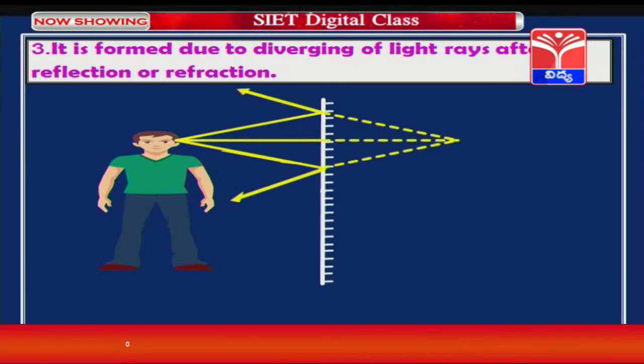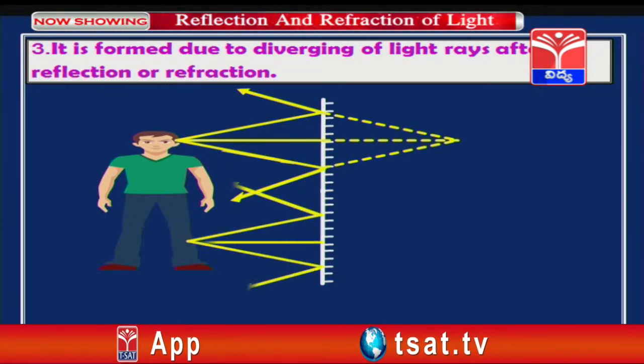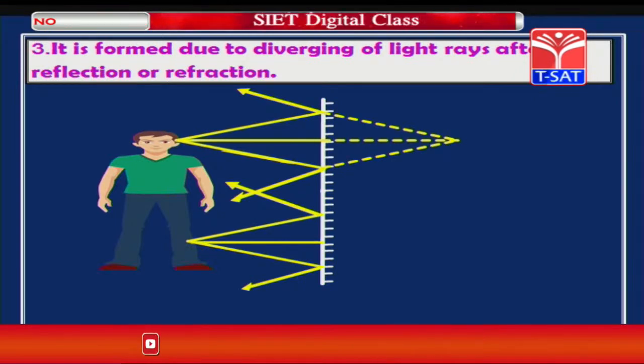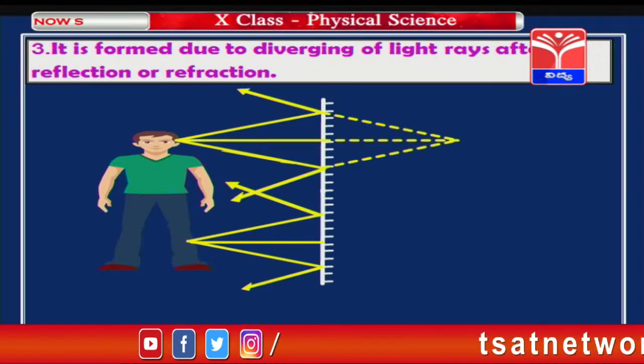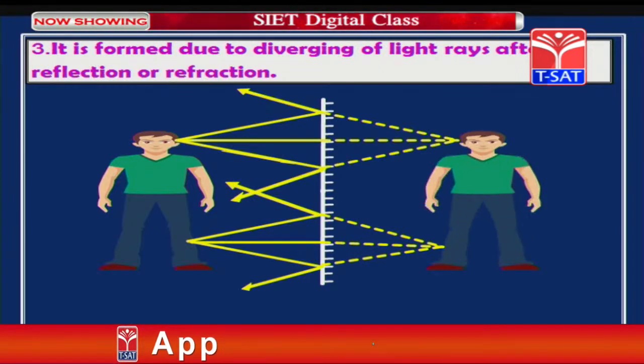For the observer, these light rays appear to be coming from this point. Light rays from the bottom of the object travel toward the mirror and they undergo reflection. For the observer, these rays appear to be coming from this point. So, image is formed at this point.